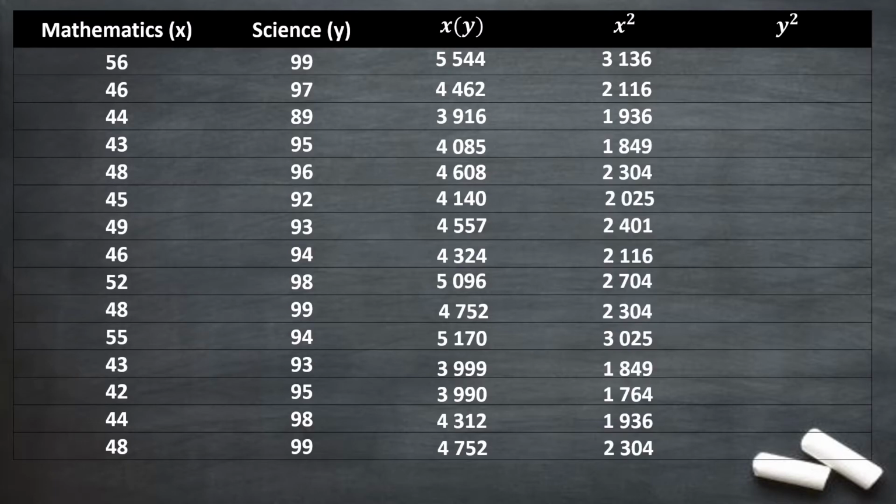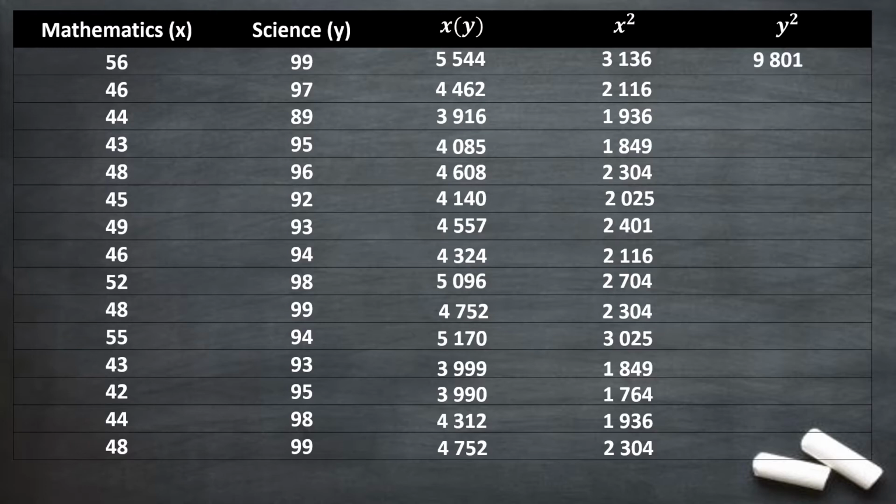And then for the last column, we have y squared. You focus on the column y and square those numerical values. For the first y value, we have 99, so 99 times 99 or 99 squared, the answer is 9801.